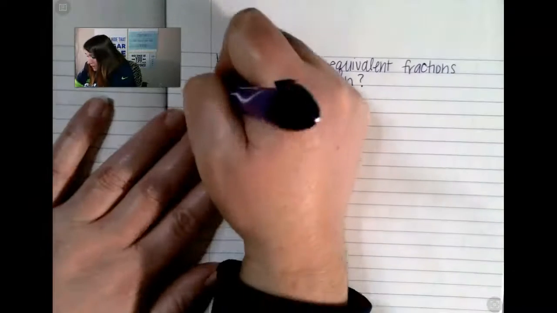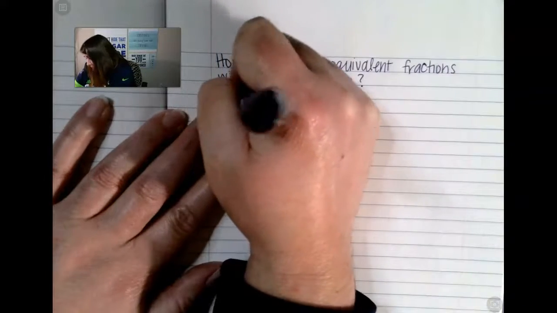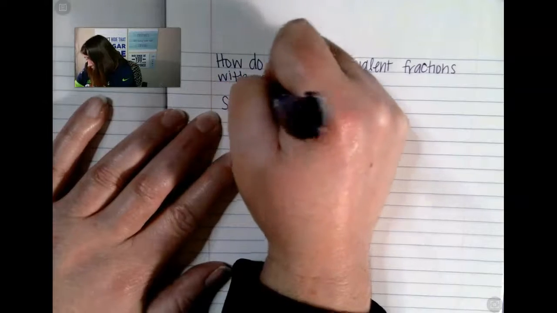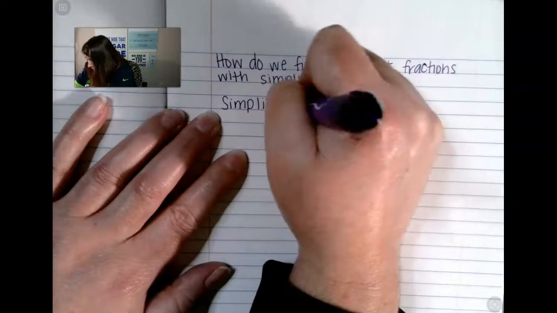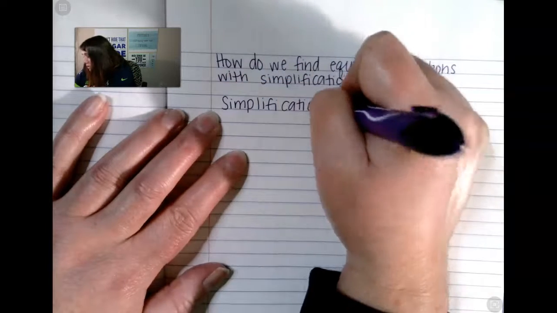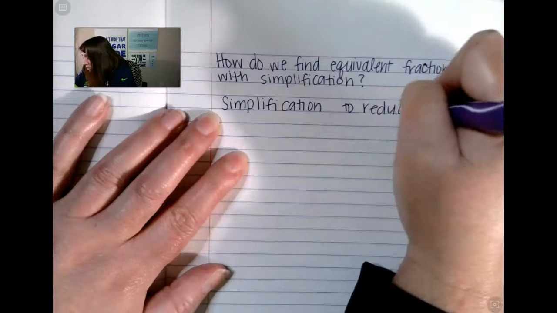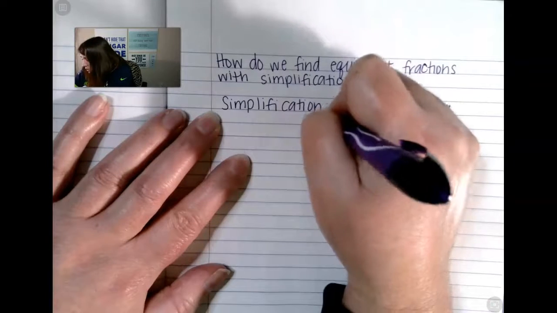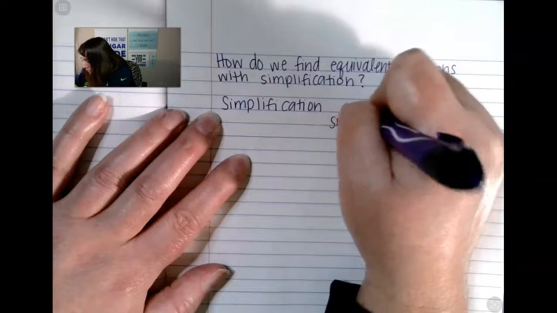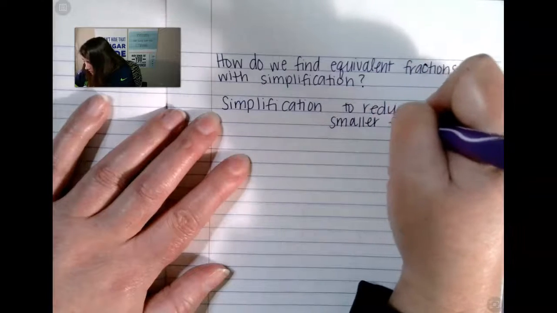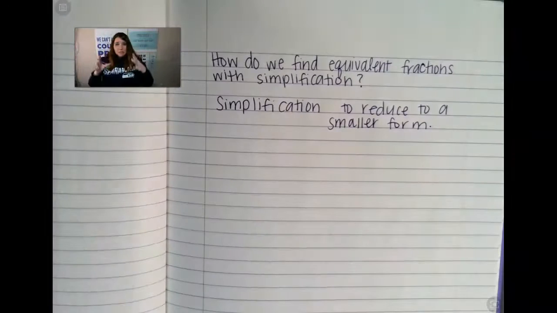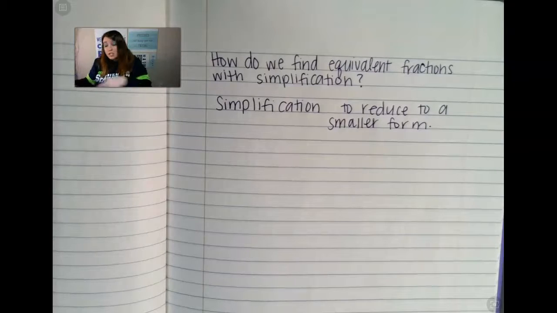So simplification means to reduce to a smaller form. Okay, so we're going to make it smaller. We're going to reduce it, and we use division.